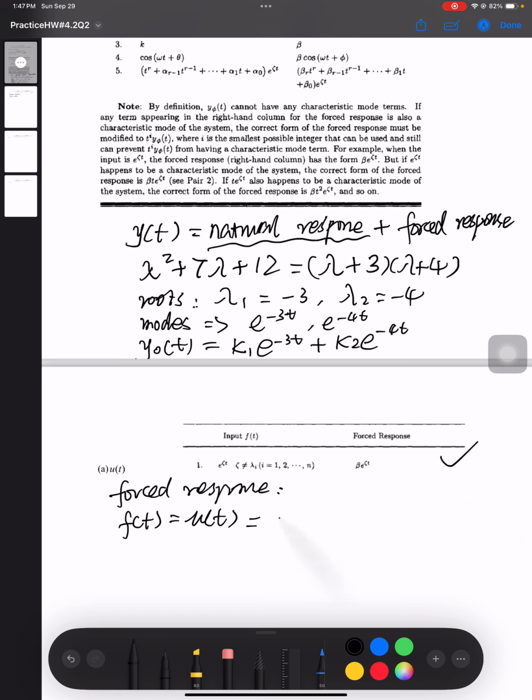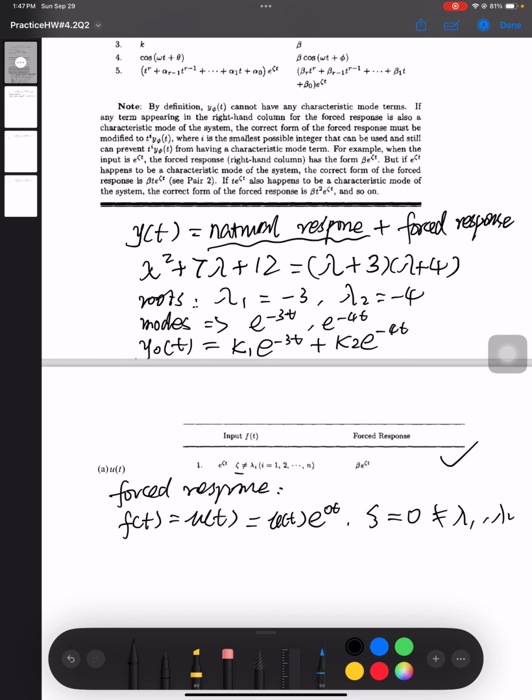Of course, you can also treat it as u(t) times e^(0t). For this input, sigma equals 0, which is not equal to lambda 1 or lambda 2.